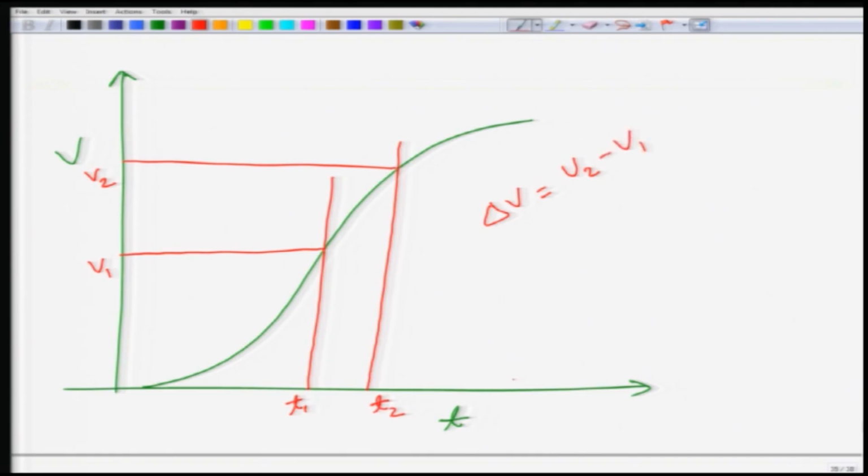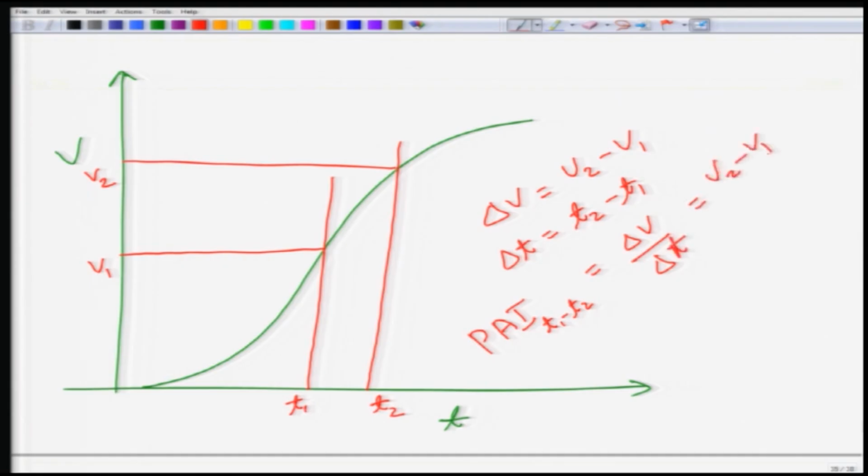Now, this increment happened in a time of delta T, which is T2 minus T1, and so we will say that the periodic annual increment for this period T1 to T2 is equal to delta V divided by delta T, which is V2 minus V1 divided by T2 minus T1. So, this is the volume of the stand at time T2 minus volume of the stand at time T1 divided by the number of years between T2 and T1.